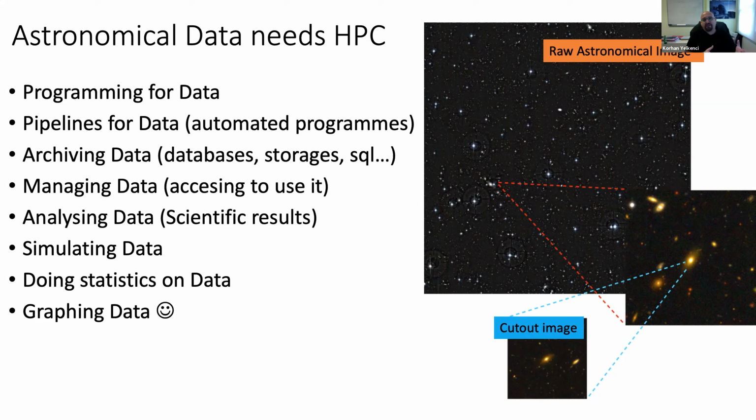And then managing data: where we will put it, where we store the data, how long we will keep the data there, and so on. And we need scientific results, so analyzing those kinds of data, how we can do that.